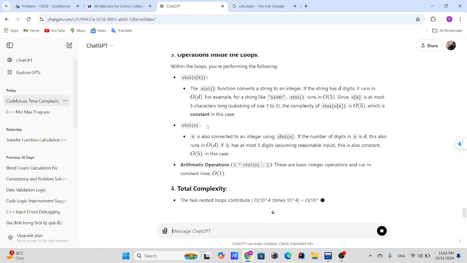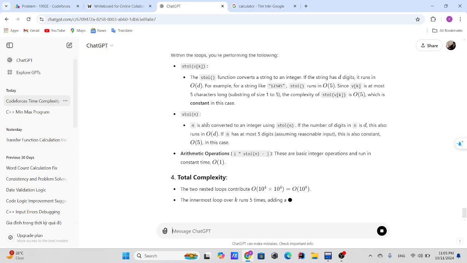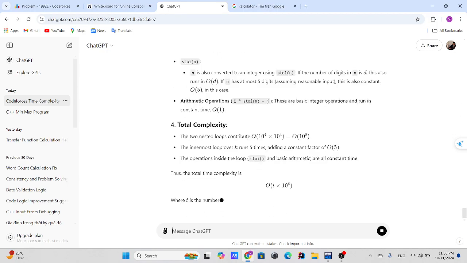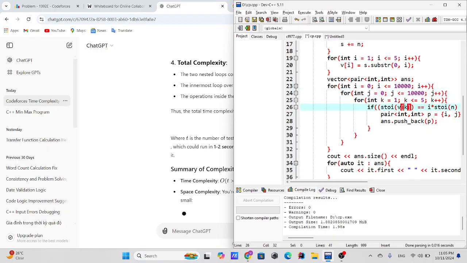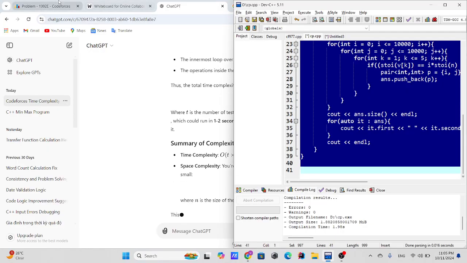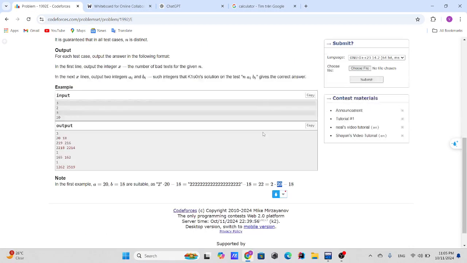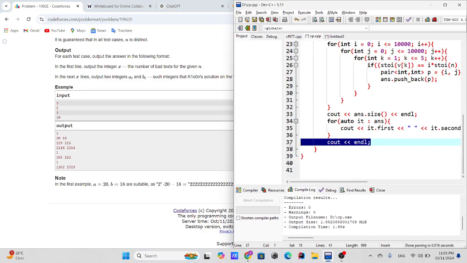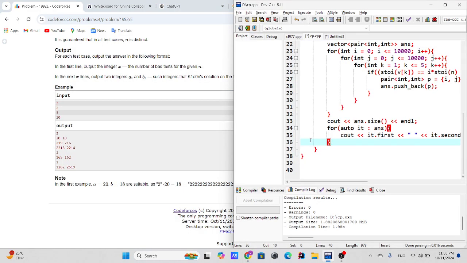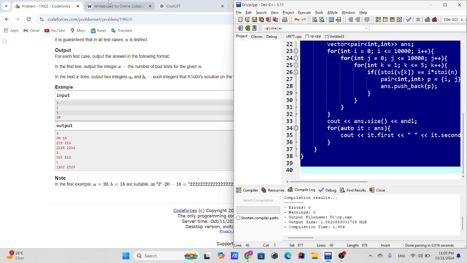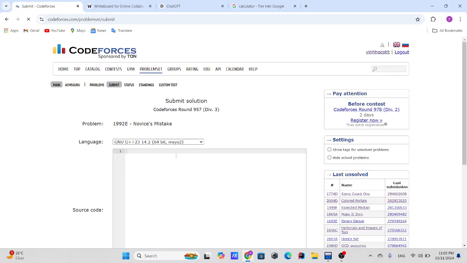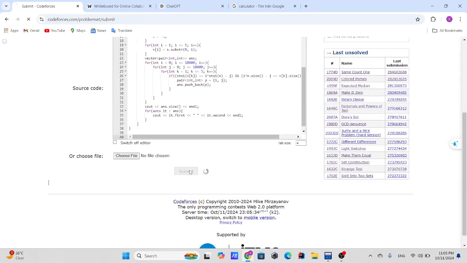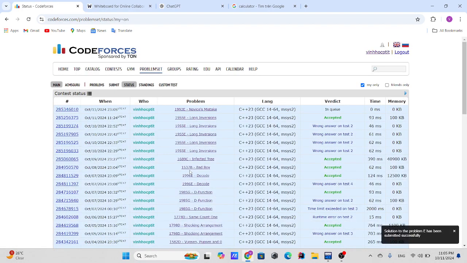Total complexity will be... yeah, it shouldn't be that big, right? Let's try to submit it. I know it will get time limit exceeded, but I don't understand, because it's still smaller than 10 to the power 9, right?